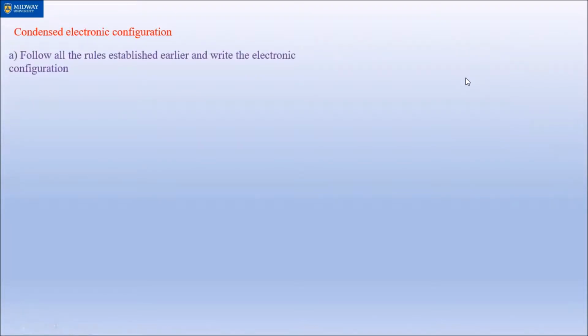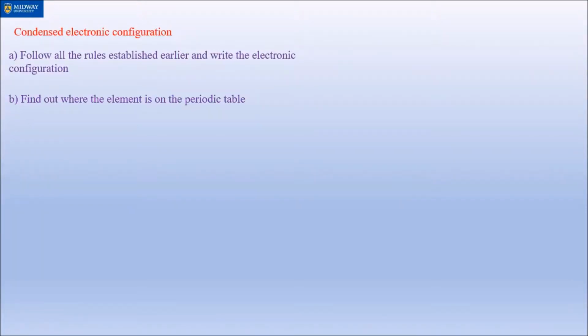First, you've got to follow all the rules we have established earlier, whether it's an element or a cation or anion. Make sure whether you're following the rules for domain 1 or domain 2. So first, you've got to get the correct electronic configuration. That's key.